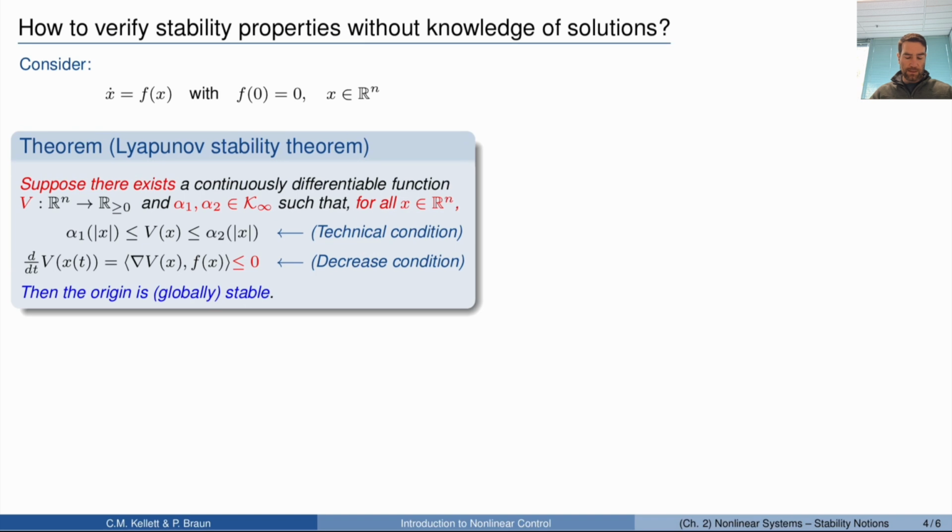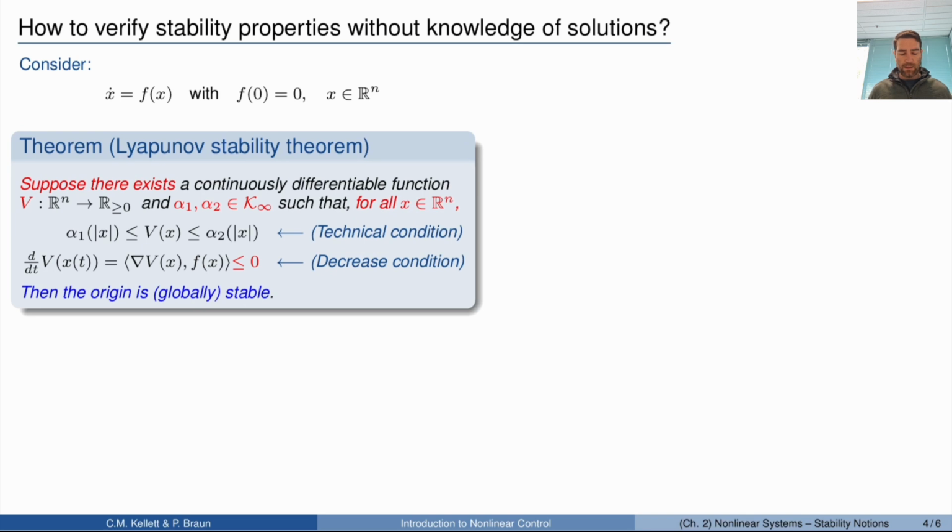And this condition is, I would say, the more difficult condition to verify. It's the decrease condition, showing that along solutions, the function V is monotonically decreasing, or at least not increasing.